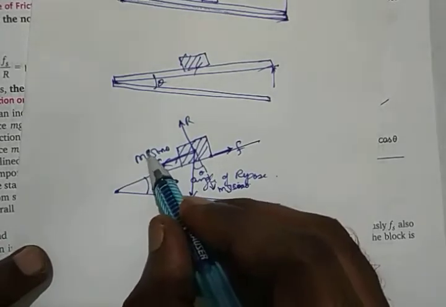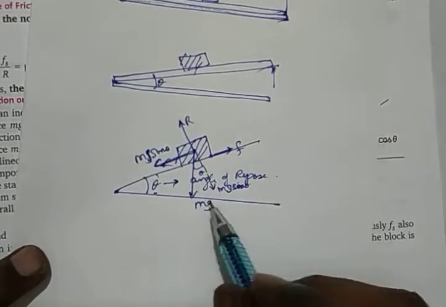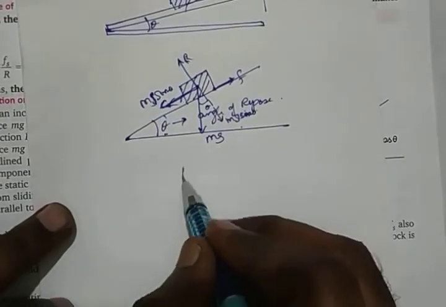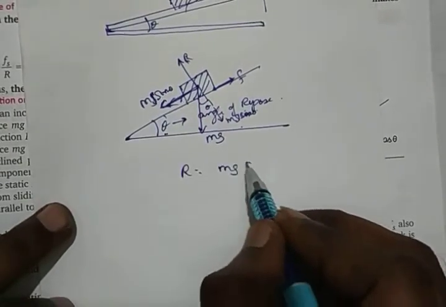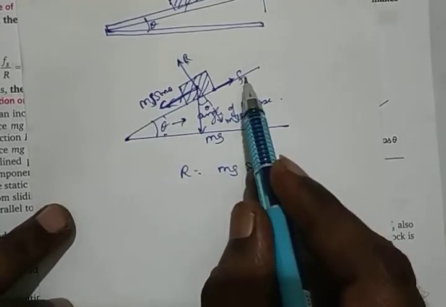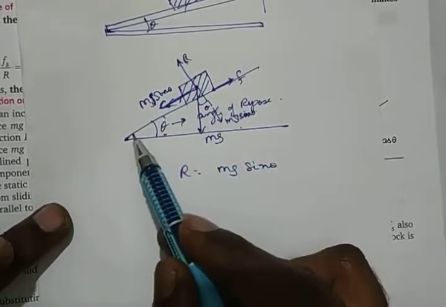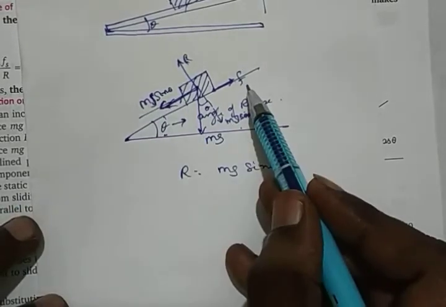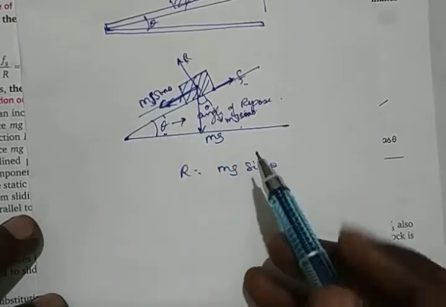Okay, so when the body is just on the verge of starting to move, what happens? The frictional force will be equal to mg sin theta, because it is not moving yet, it is just at the start of sliding down.